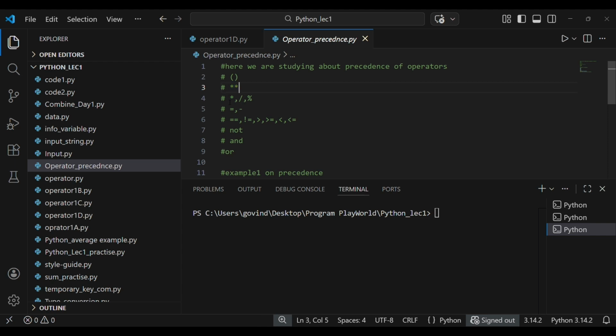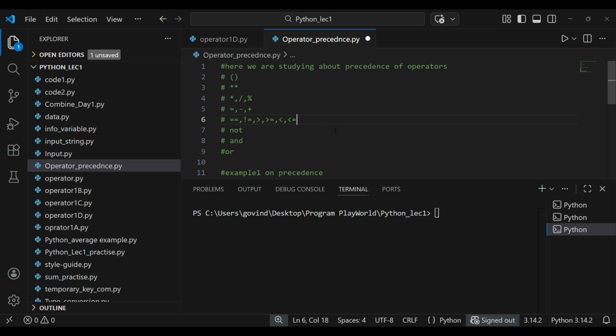After this, it is going to follow multiplication, division, or modulo, which gives us the remainder. After that, it follows the plus and minus operators. After that, it follows the relational operators: equal to, not equal to, greater than or equal to, less than or equal to.